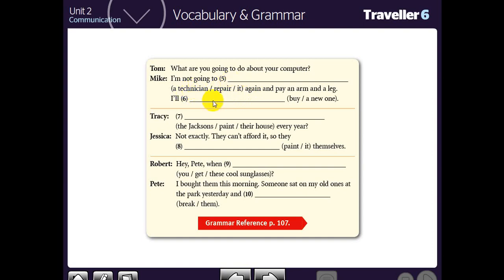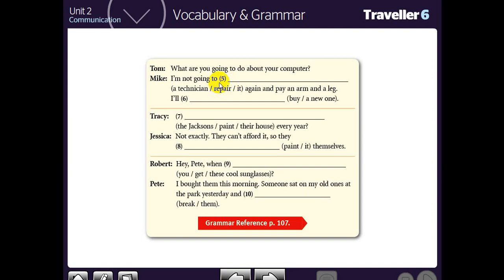Decide which one you will use. If you will be the one who'll do it, use the active. And if you aren't, you must use the causative form. Of course you are not a technician, so we must use the causative form.